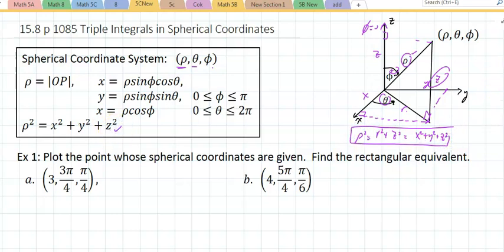If I look at this triangle, I'll notice that cosine of phi is the opposite, and the opposite right there is really r, over the hypotenuse, which is rho. If I cross multiply, I'll notice that r equals rho the cosine of phi.